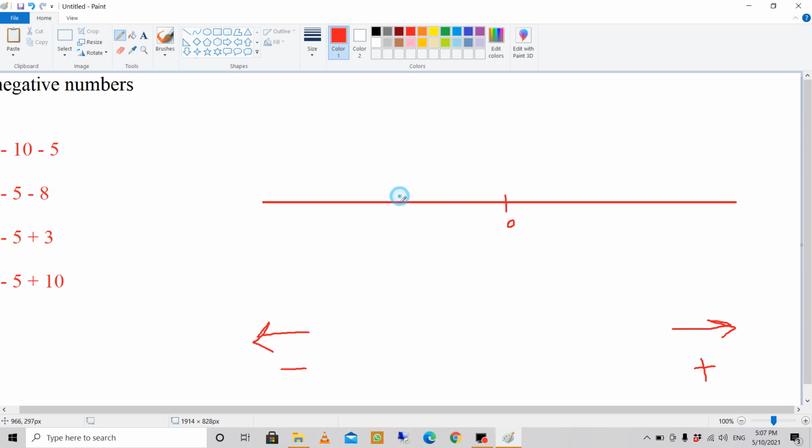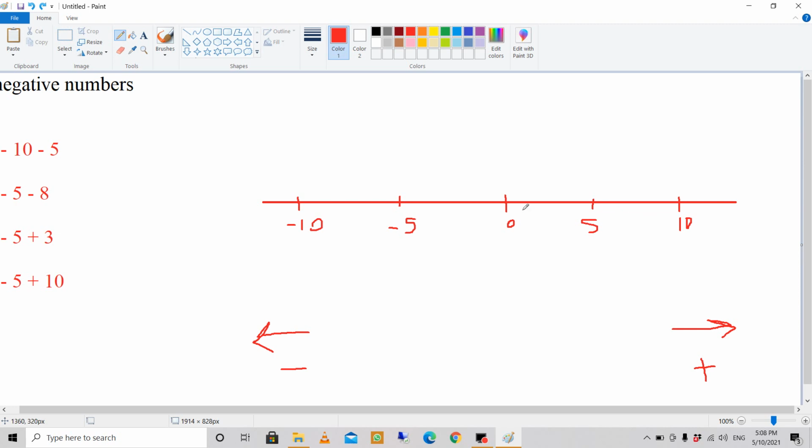So let's mark -5, -10, +5, and +10. Between these multiples of 5, we have further 1, 2, 3, 4, and then 5, then 6, 7. So it moves on like that.